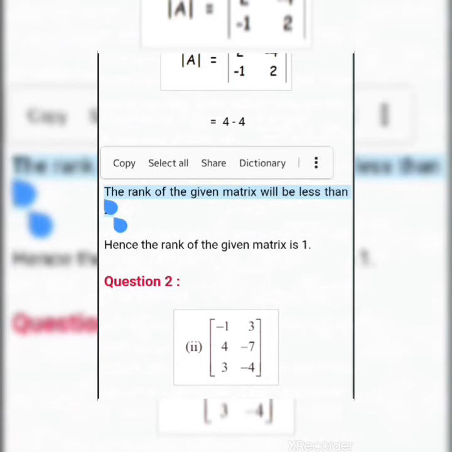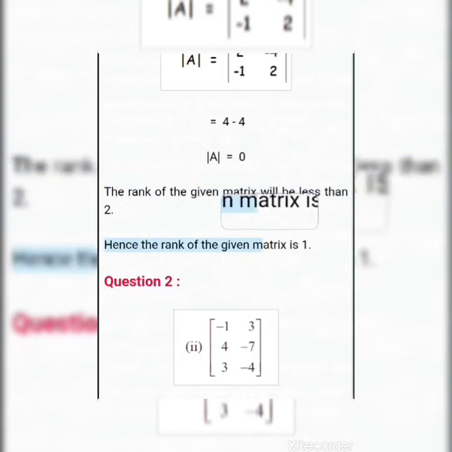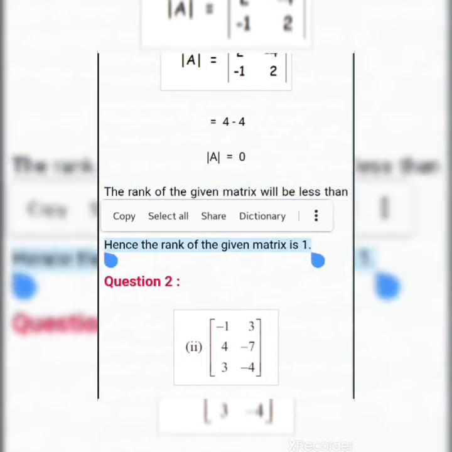Hence the rank of the given matrix is 1, because the 2 by 2 minor has determinant value 0. So we have only one non-zero element, and hence the rank of the given matrix is 1.